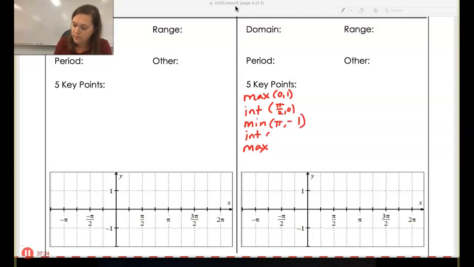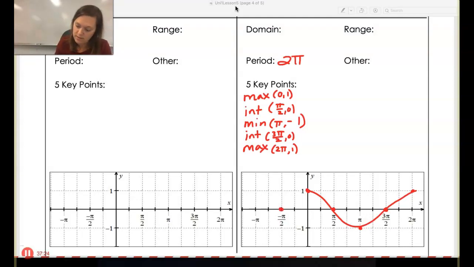Then we go to 3 pi over 2, 0. And then 2 pi, comma 1. So what does that look like? So 0, 1, half a pi, 0, pi, -1, 3/2 pi, 0, and then 2 pi, 1. So there's our graph. It has a period of 2 pi.